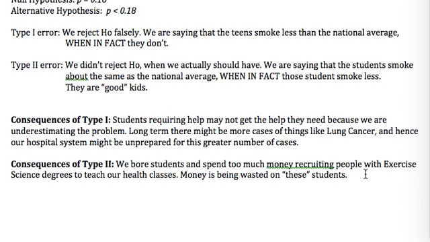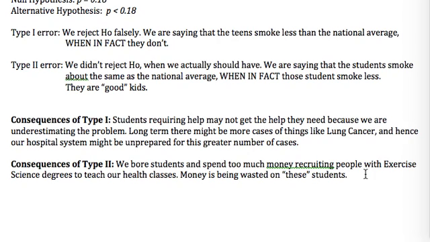So if we commit a type 1 error, what happens? We reject H sub O, right? We reject H sub O and hence say they're guilty, when in fact they're innocent. Consequence, we send an innocent person to jail.